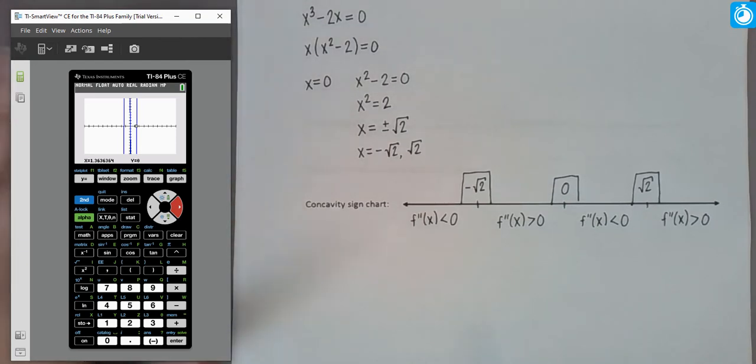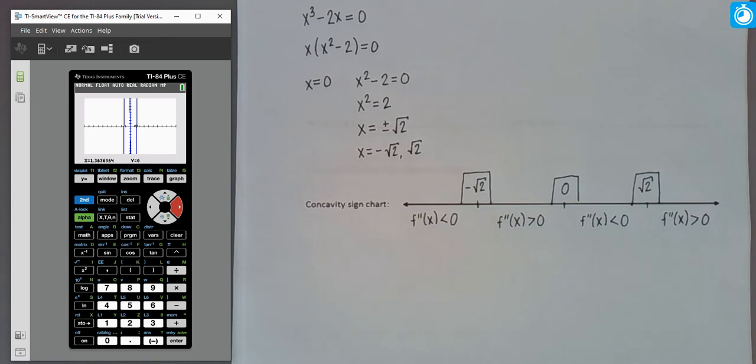Now keep in mind, the graph we're looking at is not the graph of the function, it's the graph of the second derivative. The second derivative tells us how the original function will be curved when we look at its graph. So anywhere the second derivative is negative, we are curved downward. Anywhere the second derivative is positive, we're curved upward. And anywhere the second derivative is 0, that's our inflection point.